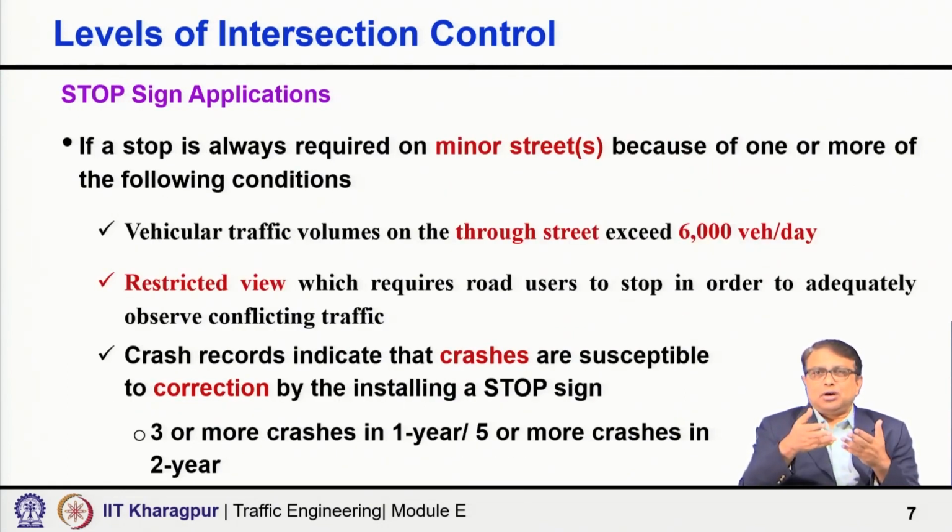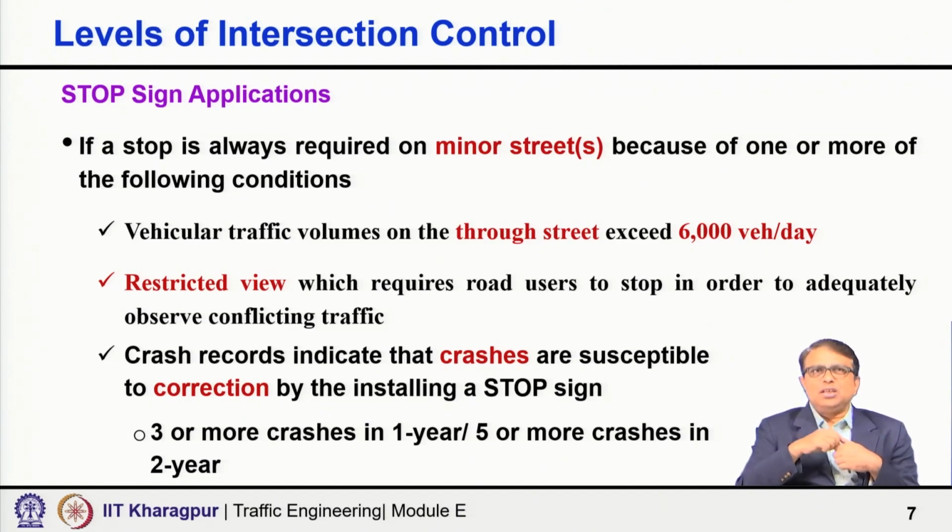Next, suppose the yield sign application is also not able to produce a very high level of safety, and often there are still reports of violations and crashes occurring. In that case, you go for a more stringent control like a stop sign.